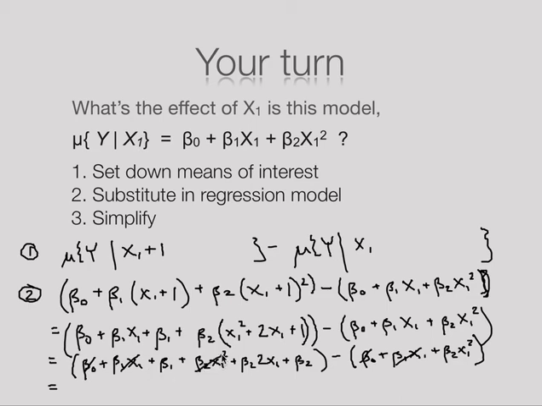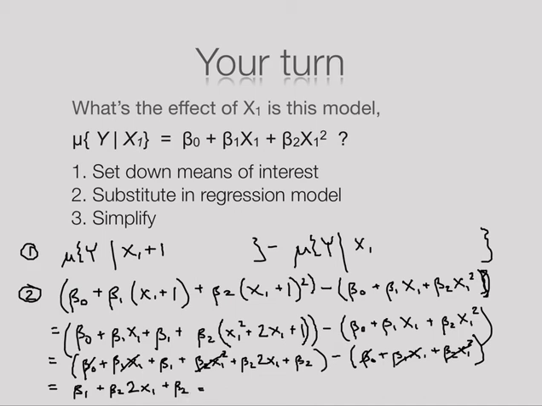I've got a beta 2 x1 squared on the left hand side and a beta 2 x1 squared on the right hand side of the minus. They're going to cancel out. And there's nothing left, so I have, as a result of the subtraction, beta 1 plus beta 2 times 2x1 plus beta 2.